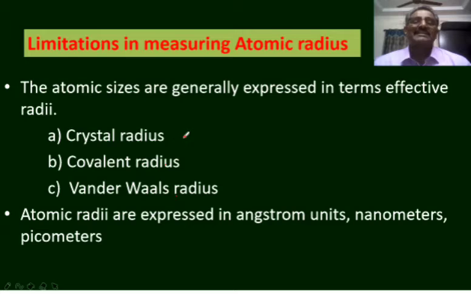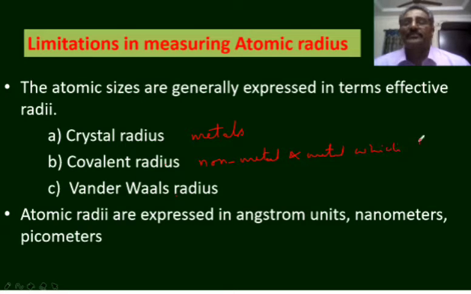The crystal radius is usually used for measuring the size of metallic elements, metals. The covalent radius is used for measuring non-metals and the metals which form covalent compounds, that is less electropositive metals.